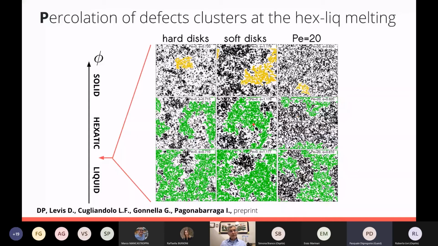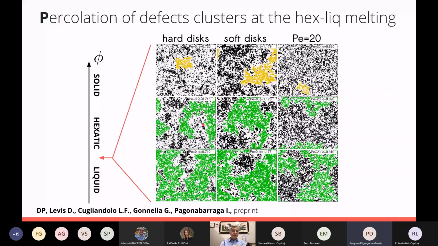So, let me say this: this tells us that a percolation critical point is quite a general phenomenon associated with the hexatic-liquid phase transition, because it is always there regardless of the microscopic characteristics of the system.